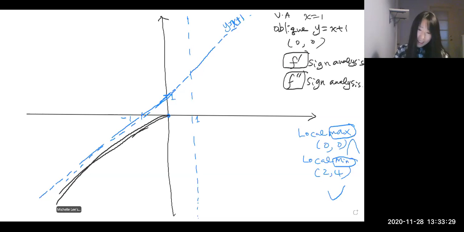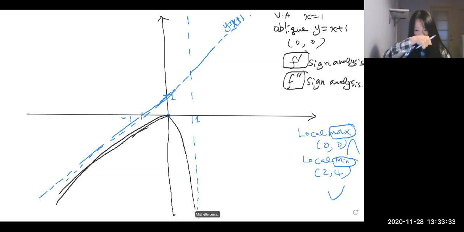And there's the vertical asymptote, like that. Okay. Now 2, 4. So local minimum at about 2. This is 2. And then 2, 3, 4.